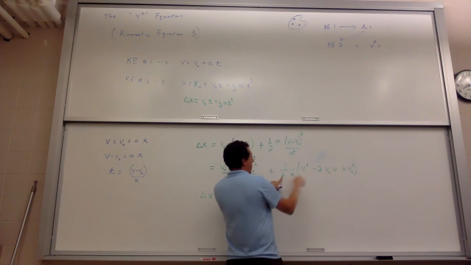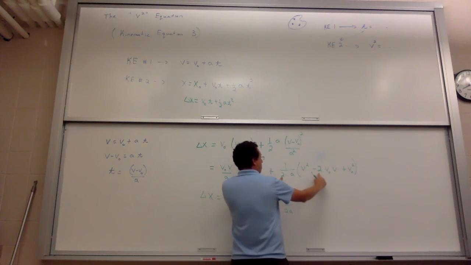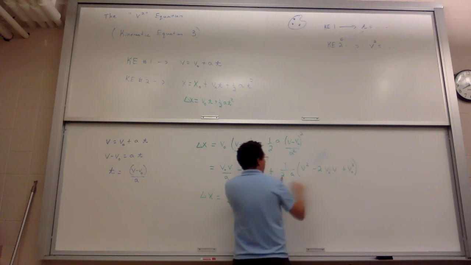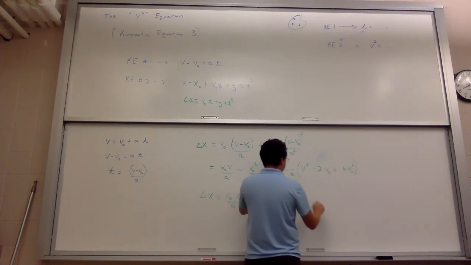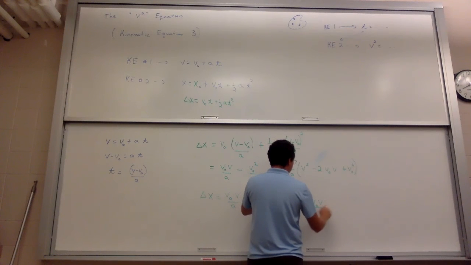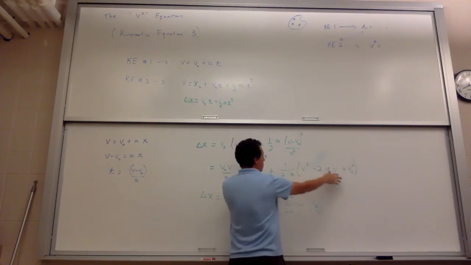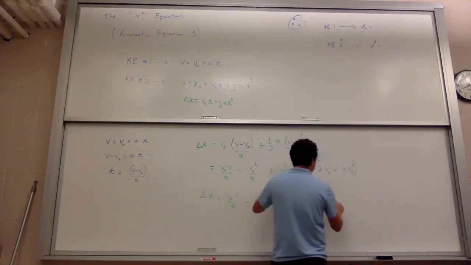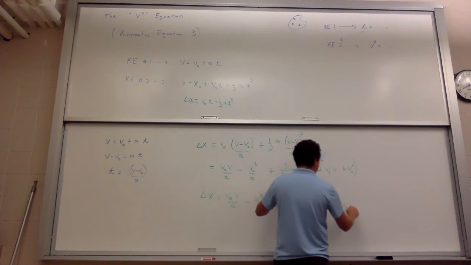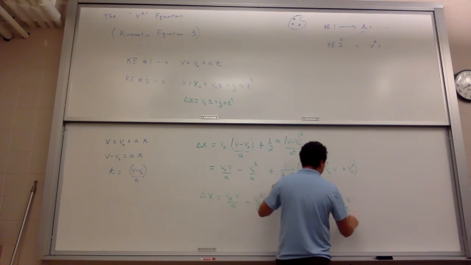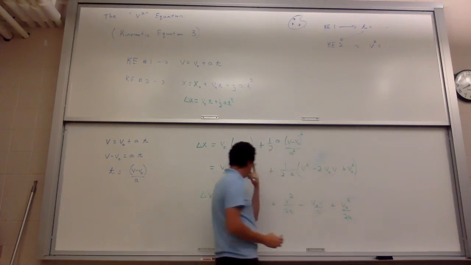Now look here, I have minus 2 V initial V over 2A. The 2's cancel. So I get minus V initial V over A. I just have to distribute and be really careful. Plus V initial squared over 2A.